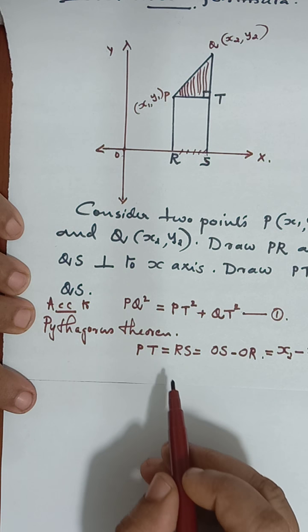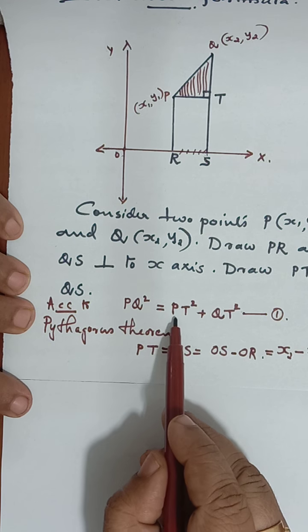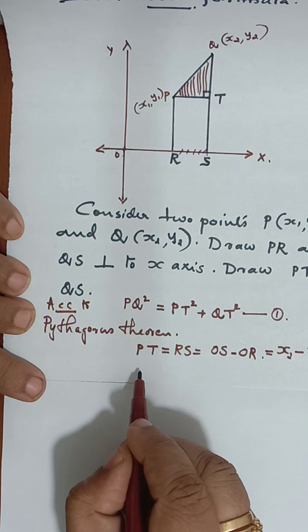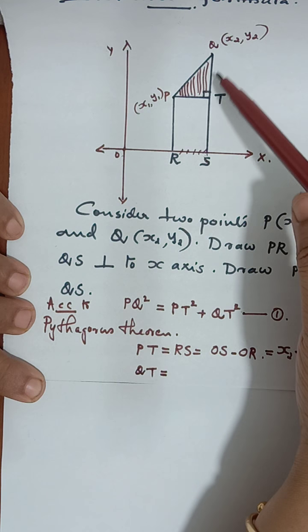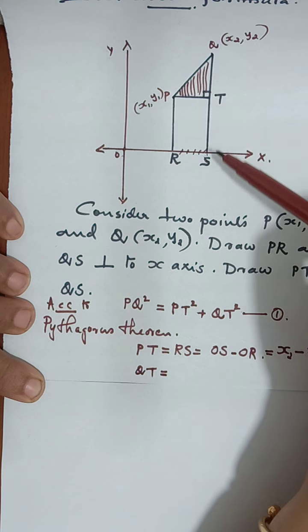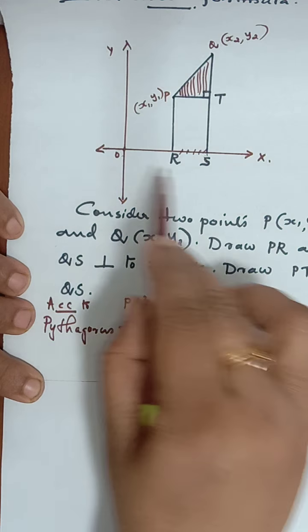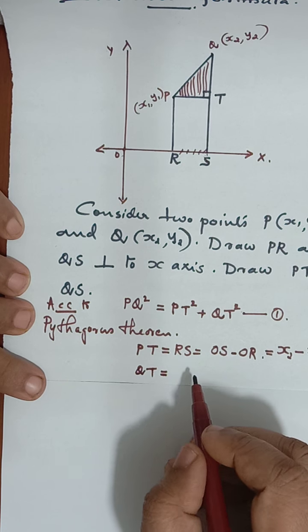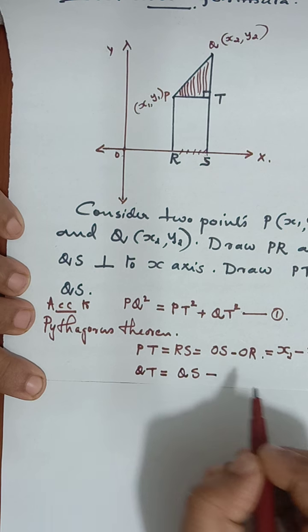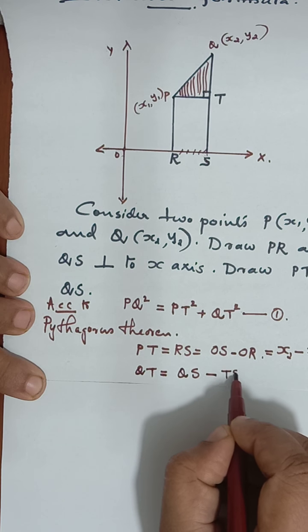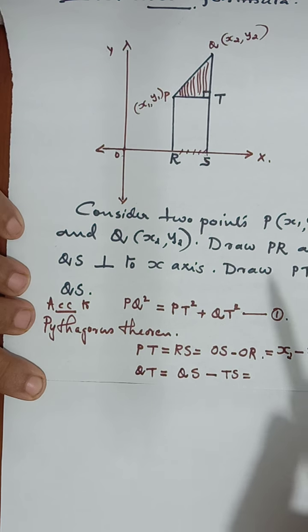So we got PT, and now QT we are going to find out. What is QT equal to? QT with respect to QS and TS, with respect to the x-axis. Isn't it QS minus TS? What is QS?